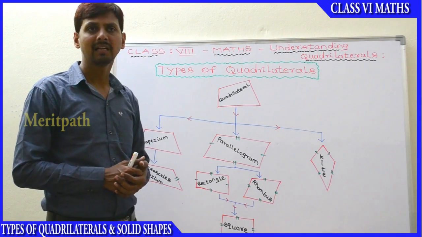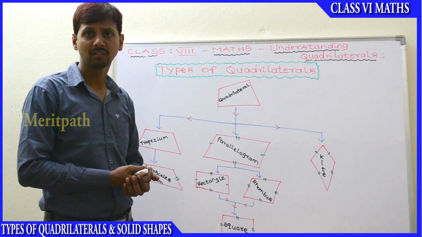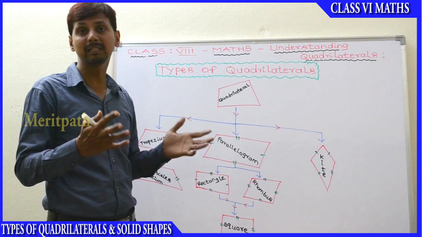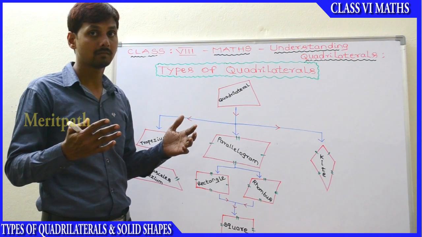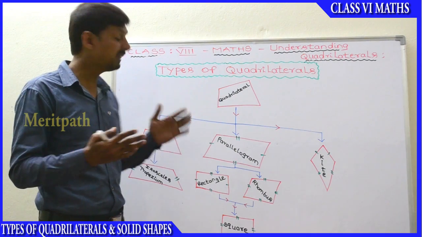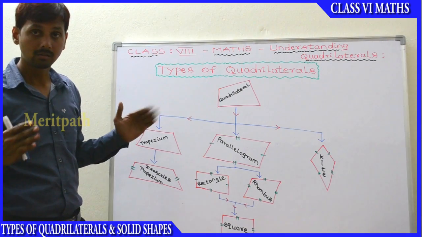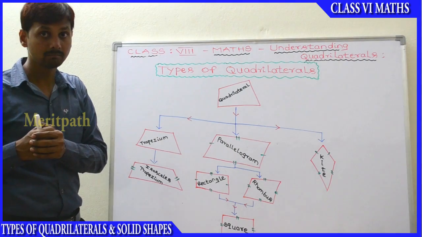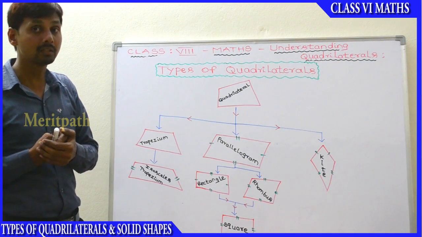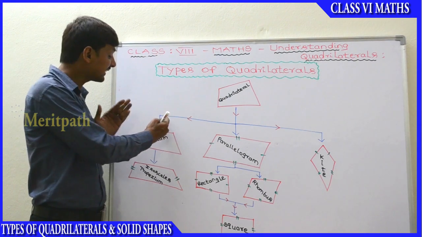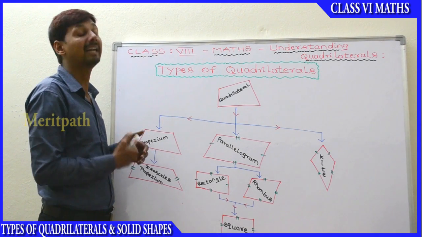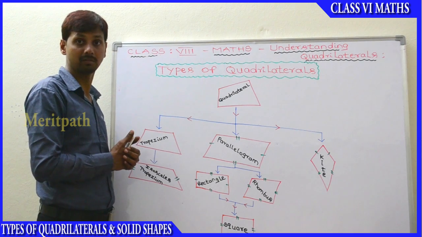Let's see, there is another situation: in a trapezium, opposite sides are parallel to each other and they are equal. What it becomes, we'll see.